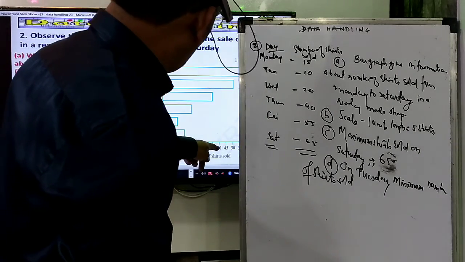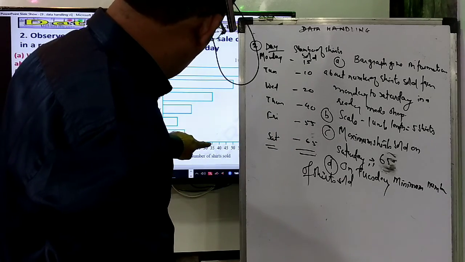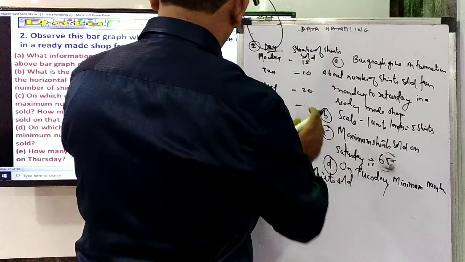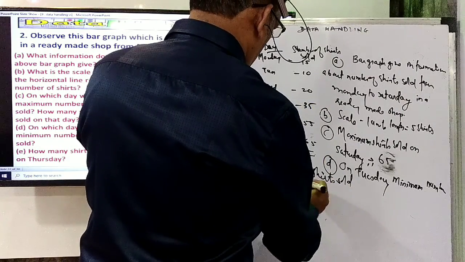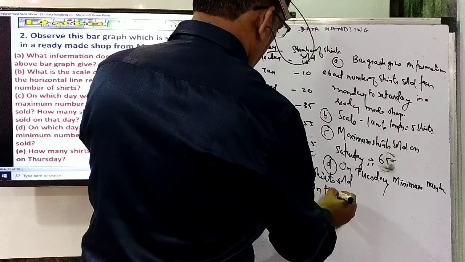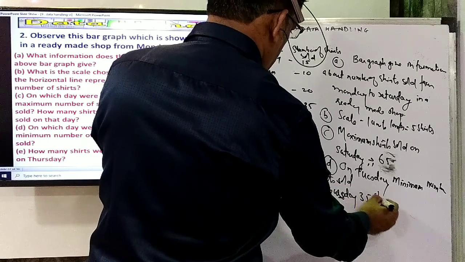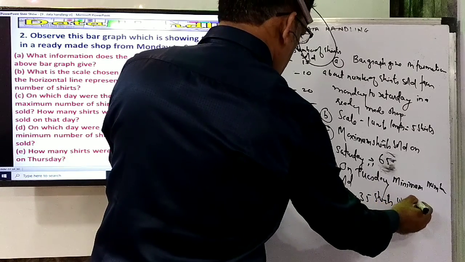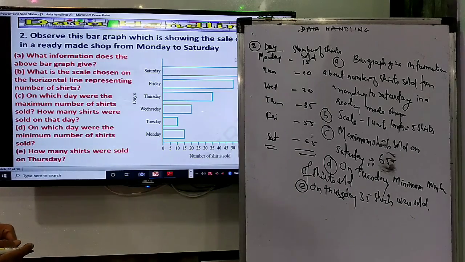I feel that it is 35, not 40. On Thursday, 35 shirts were sold. So this is how to read the bar graph and how to answer the question.